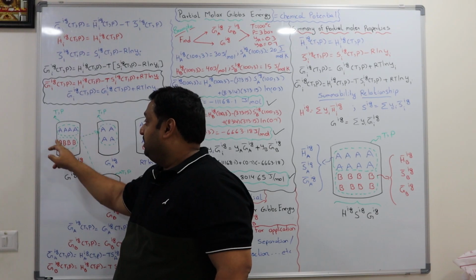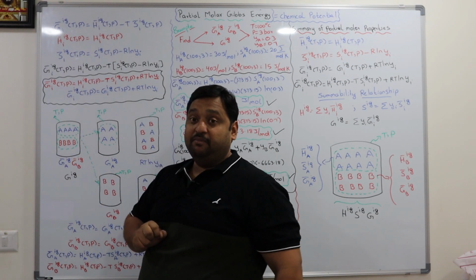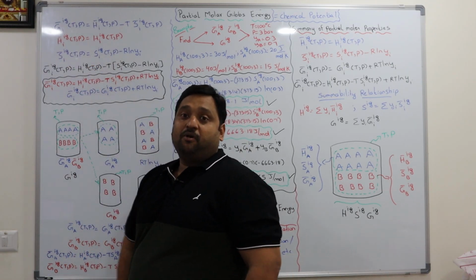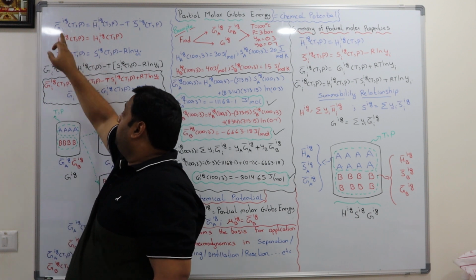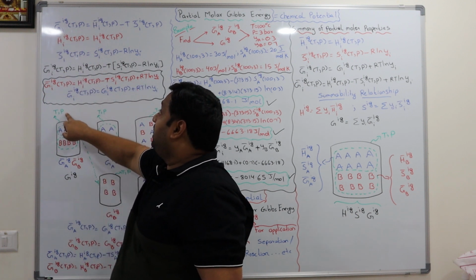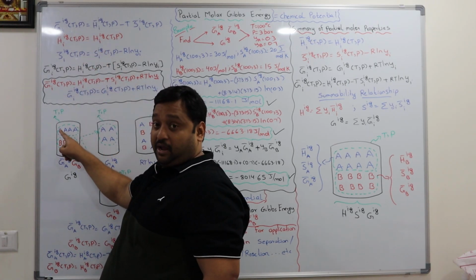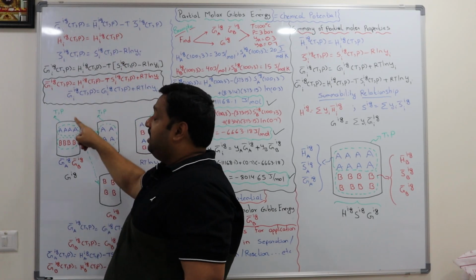The partial molar Gibbs energy of the ith component at a specific temperature and pressure is equal to the partial molar enthalpy minus T times the partial molar entropy.